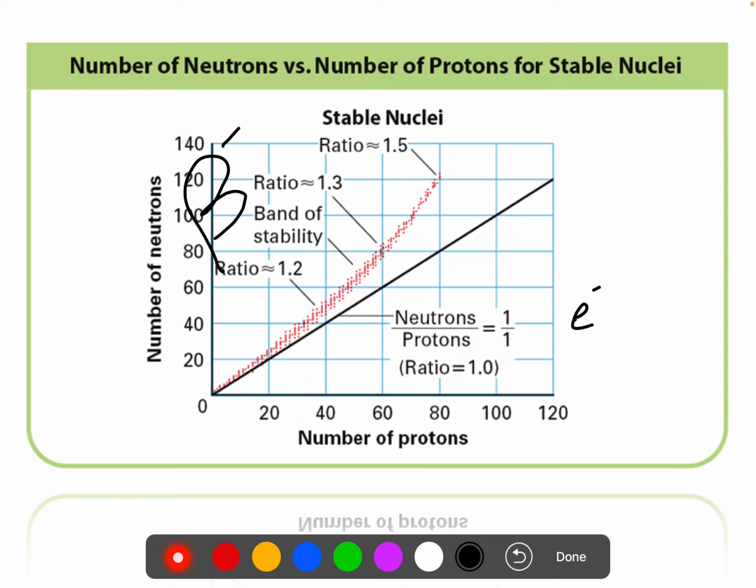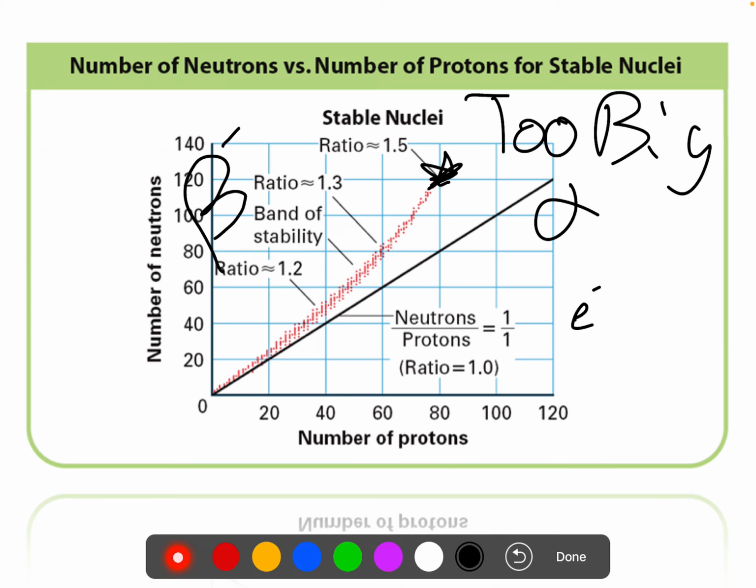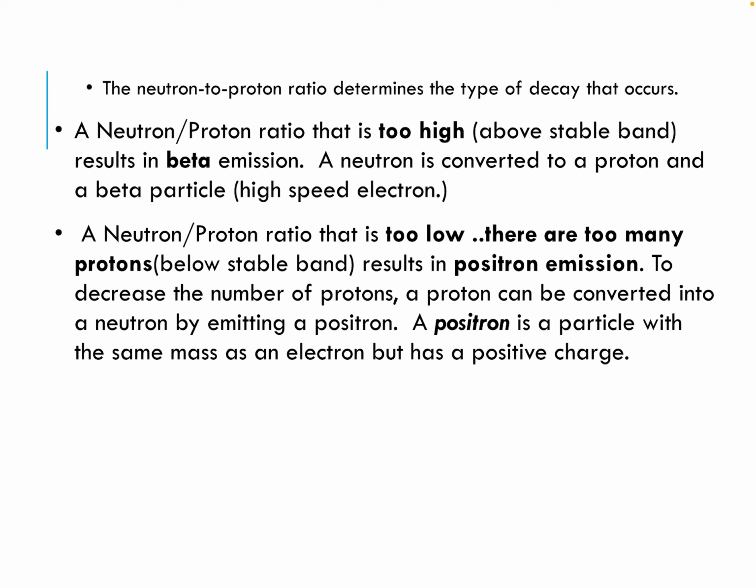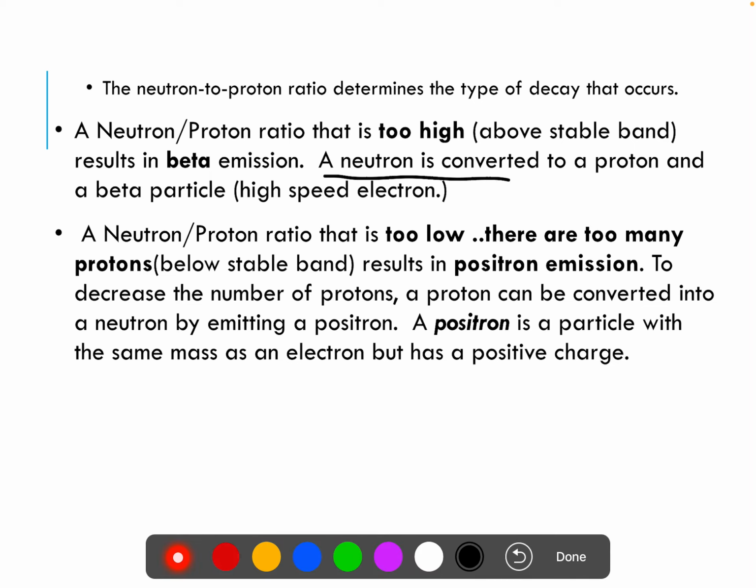Once you're up above that top mark right here, that just means you're too big. And like we mentioned earlier, in that case you'll have some alpha decay going on. So the neutron to proton ratio that's too high means you're going to have beta emission, and that's where a neutron is converted into a proton and a beta particle.